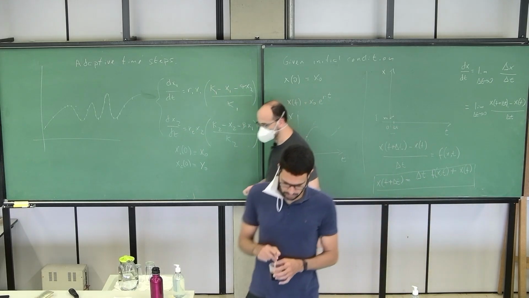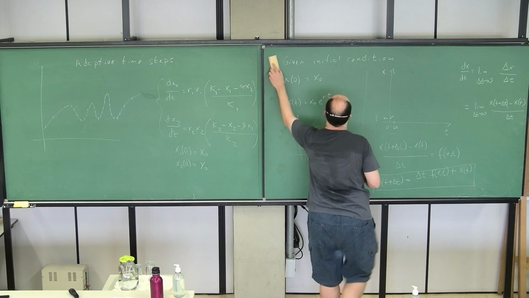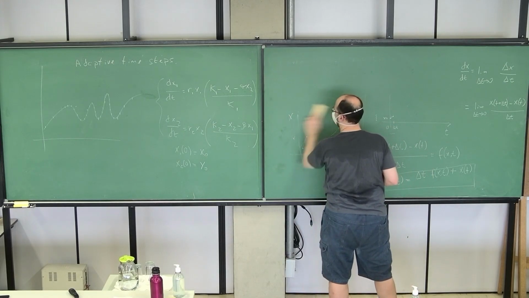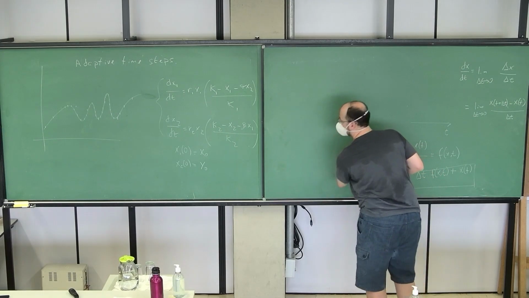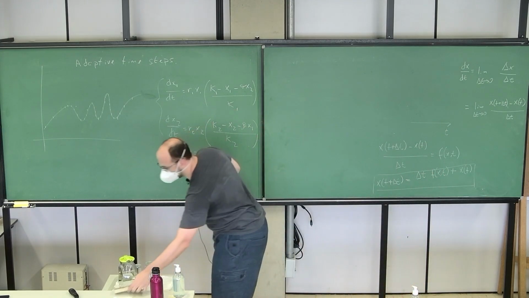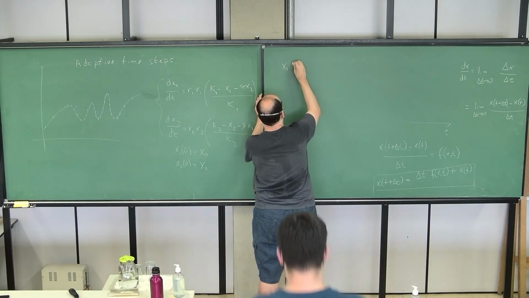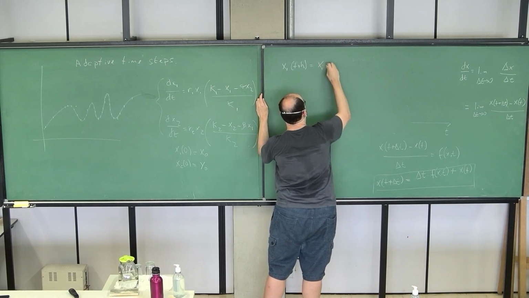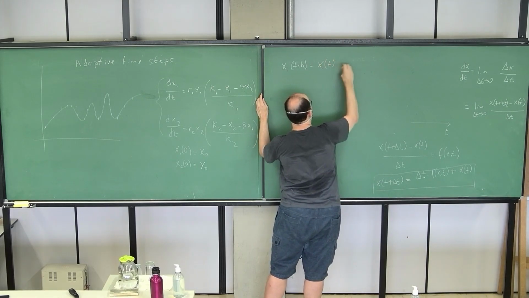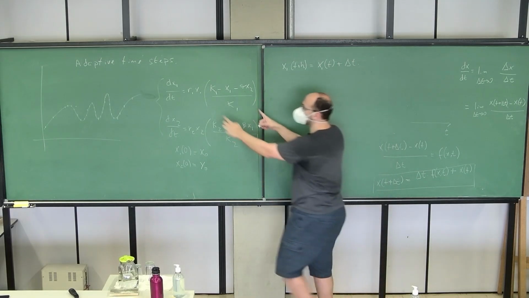So I will have now something like x1 of t plus h will be x1 of t plus delta t times a function that is this whole function here, okay?